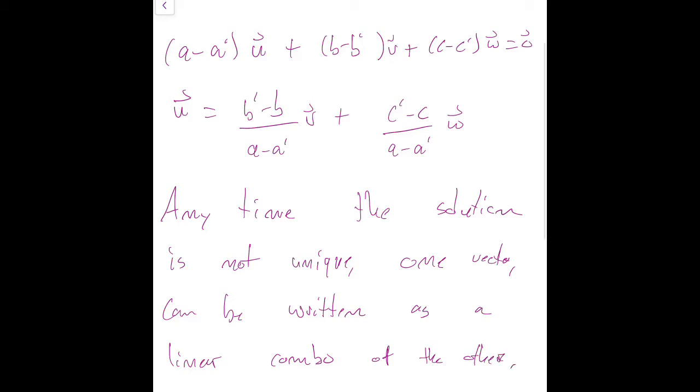In this particular case, since we're assuming A is not equal to A prime, B is not equal to B prime, and C is not equal to C prime, we actually can conclude that any of the vectors can be written as a linear combination of the other two vectors.